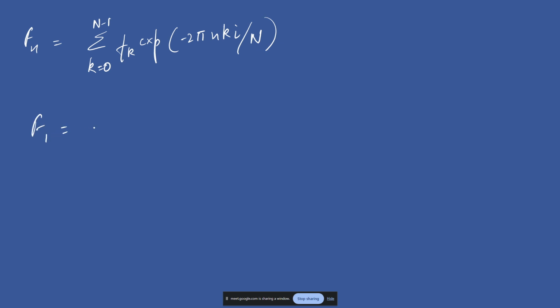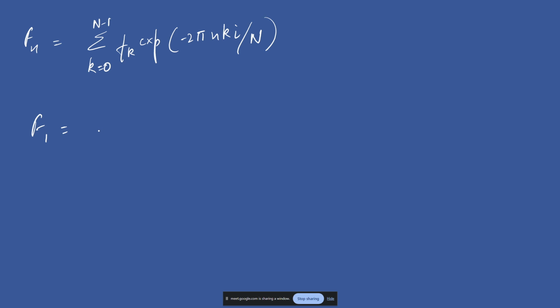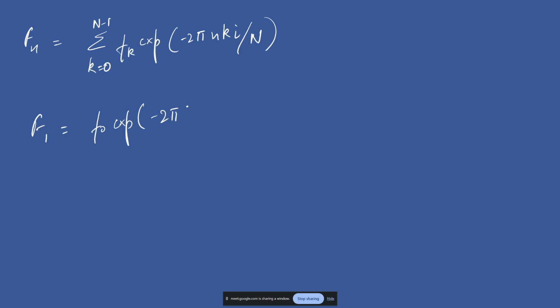So for obtaining f1, you need f naught exponential minus 2 pi, where n is 1, k is 0, multiplied by i divided by n.